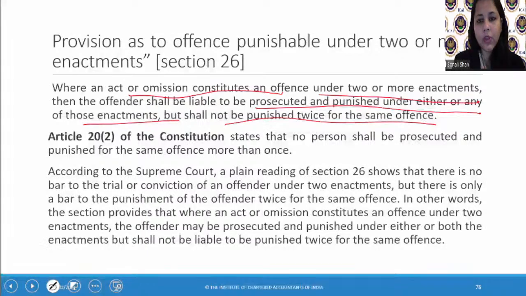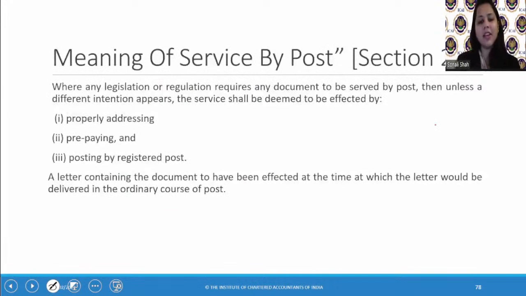So usually, whenever the charge is being levied on the accused, it mentions like this: section 420 of IPC, section this of Arms Act, section this of Companies Act. So all the charges are levied, but he will not be prosecuted twice for the same offense. This is provided for in section 26.